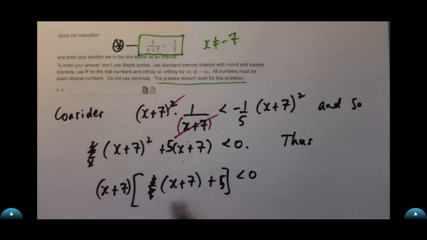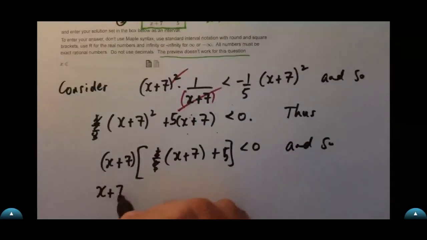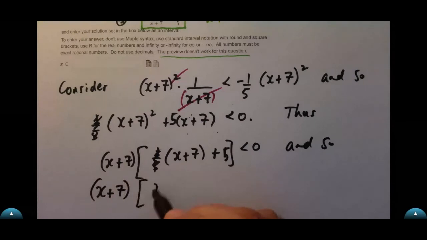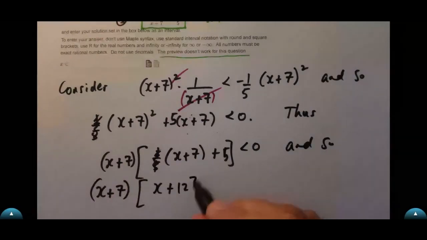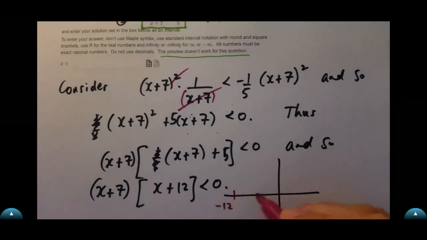Okay, so let's simplify what's in here and then, okay, it's a parabola. It's going to cut the x-axis at -7 and -12. So let's say that's -12.